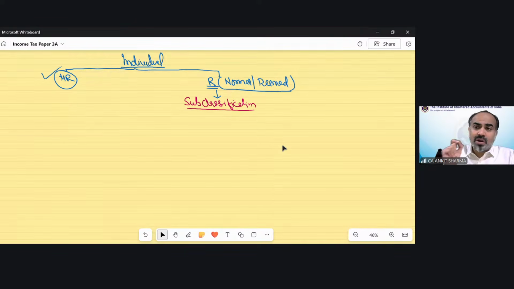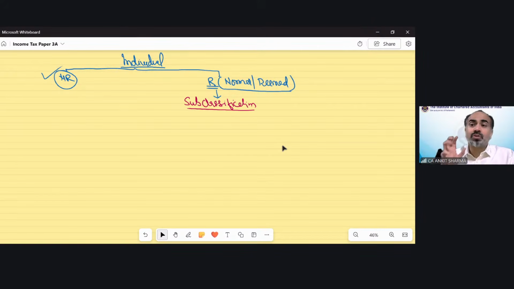If they do not ask about the subclassification, then a student who did not go through the subclassification provision and a student who completed the concept with the subclassification will both get equal marks. Understand what I'm saying? If you think the paper is complicated, why is the paper so complicated?